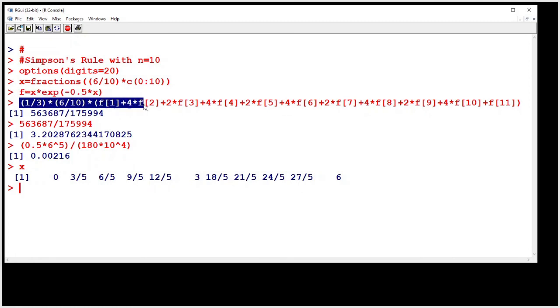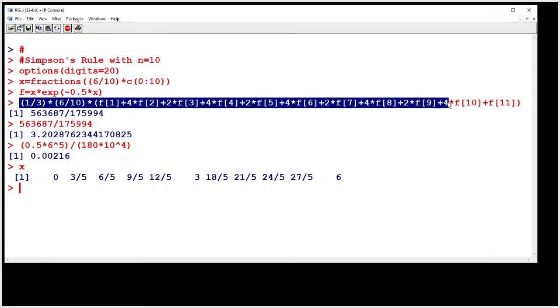The next line is the formula for Simpson's rule. You see it's 1/3 times the width of the subintervals, and then the value of the function at the first partition point, 4 times the value of the function at the second partition point, and these coefficients are alternating between 4, 2, 4, 2, and so on.